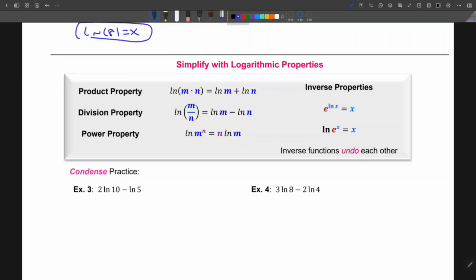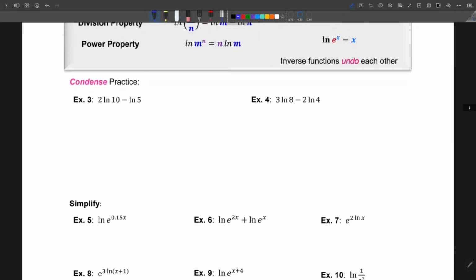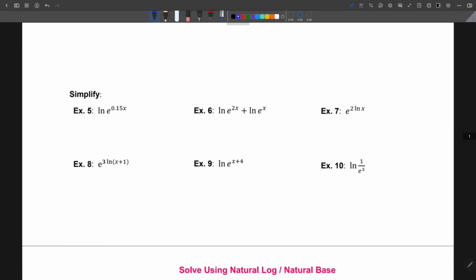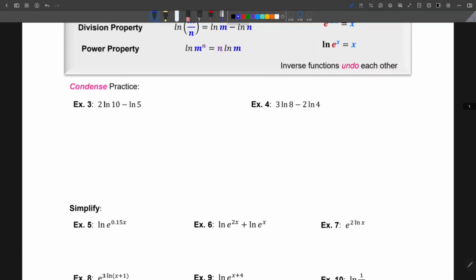You guys did overall fantastic on the test on this. So we're just going to use these properties, the product property, division property, and that power property to separate things out. I'm probably not going to do all, we'll do most of these. So we'll do example 3 together, and you guys can do example 4, and then check the notes and make sure you're okay.